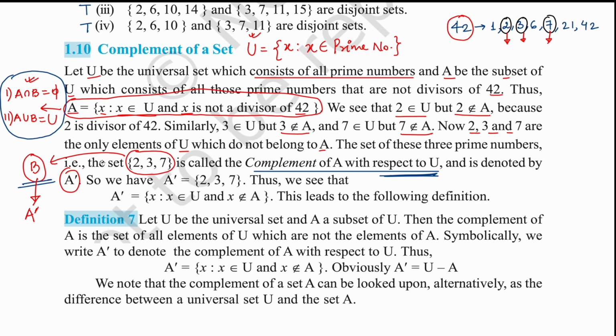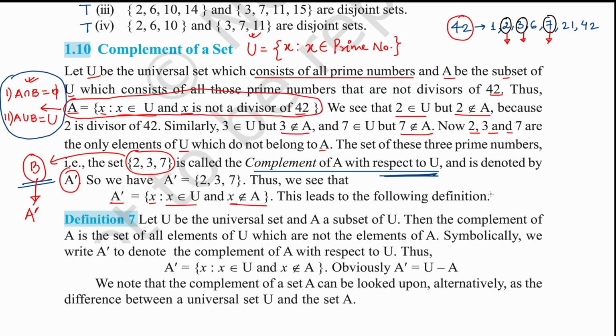And A dash, you can clearly write as x, x belonging to U and x does not belong to A. That means this complement of set A is going to have all the elements which are not there in A and which are there in U.